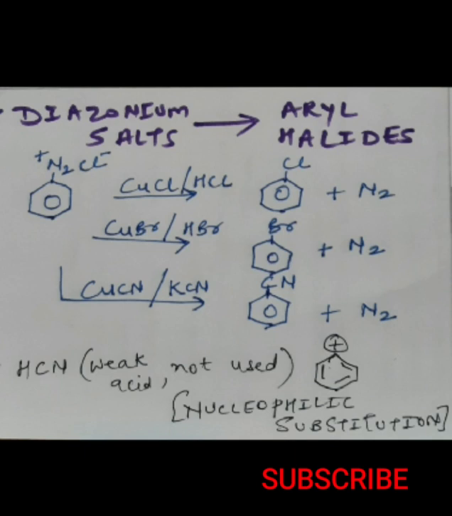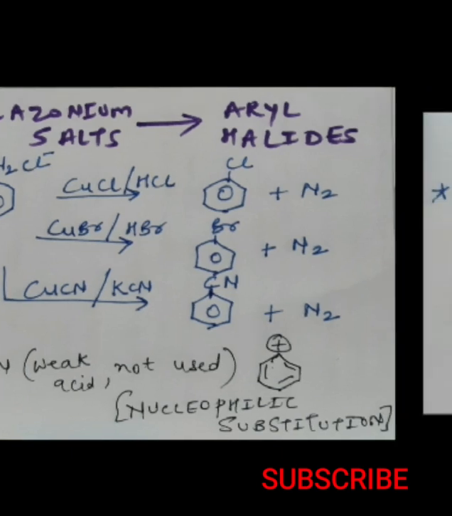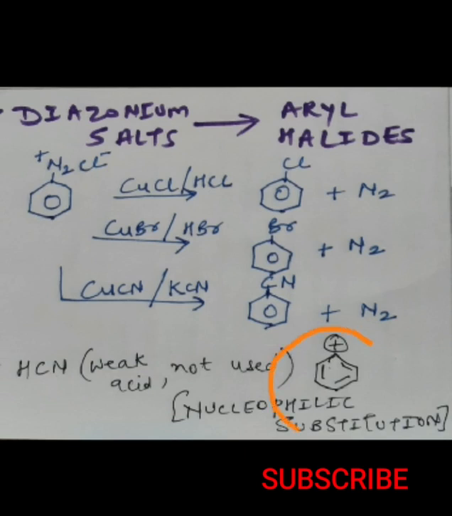See what happens as soon as your CuCl, that is the cuprous salt in the corresponding acid, approaches benzene diazonium salt: there is a formation of this particular intermediate. Can you see this? During this formation of the intermediate, what is actually happening? N2 is released, right? So N2 is going out from this position.